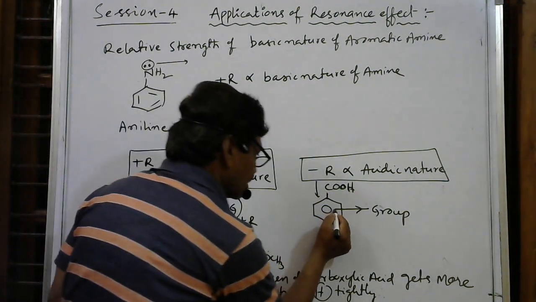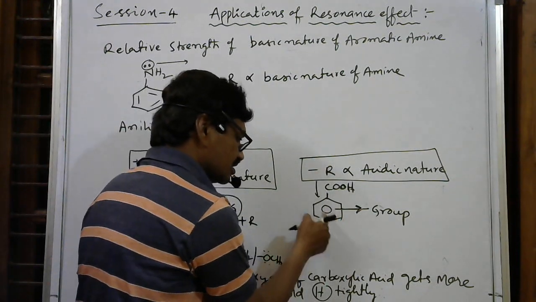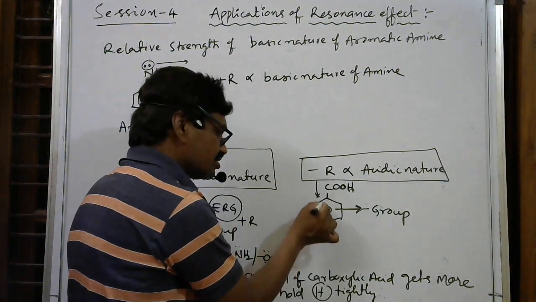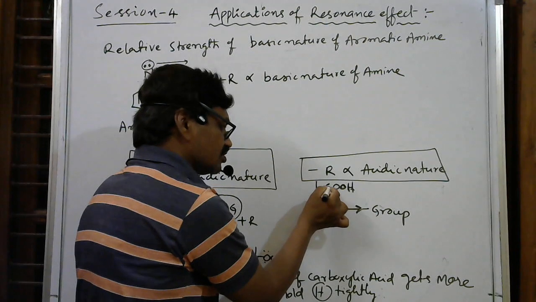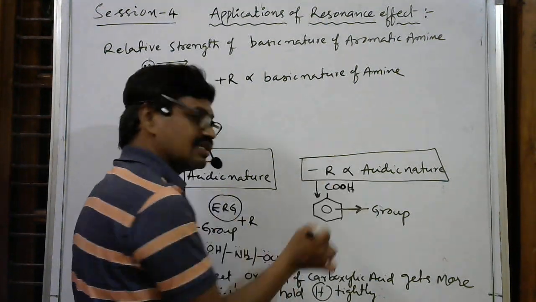So here I have written the arrow mark towards the group. So electron density decreases, the ring is deactivated, so it requires electron density. That electron density is taken from this carboxylic acid framework, so the electron density on oxygen decreases. So this oxygen cannot hold hydrogen tightly.